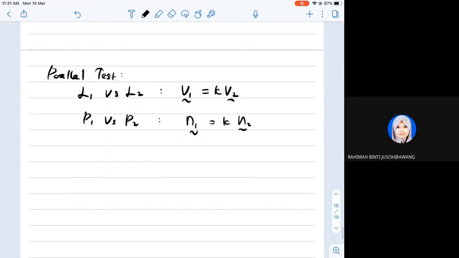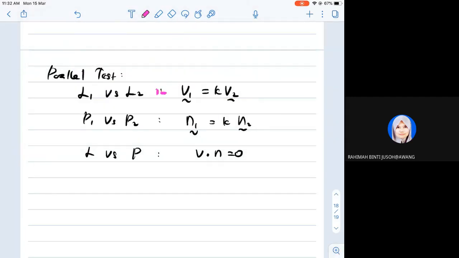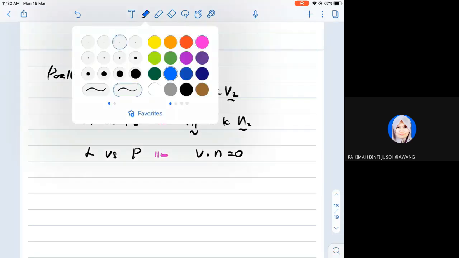Sama lah. And then untuk line versus plane, dia punya parallel test adalah V dot N must be equals to 0. So you all ada 3 test ni untuk parallel. Okay, number 1, 2 and 3.